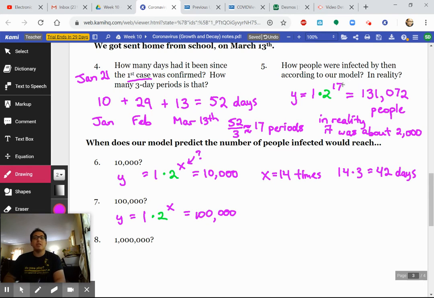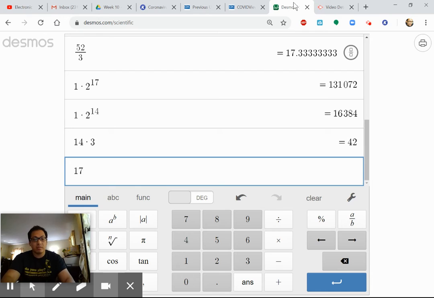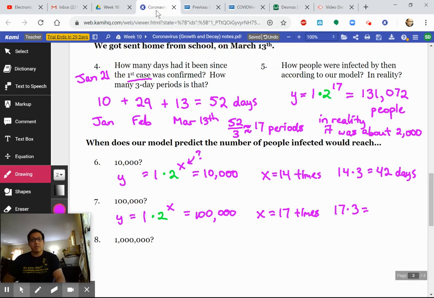Although the previous will be half of this, so maybe it's actually the 17th time. It reaches 100,000. So x equals 17 from up here, 17 times, which means how many days have gone by? Well, you do 17 times 3, and I think it'll probably be about 52 days. 17 times 3 equals, how many days would that have been? 51 days. 51 days.